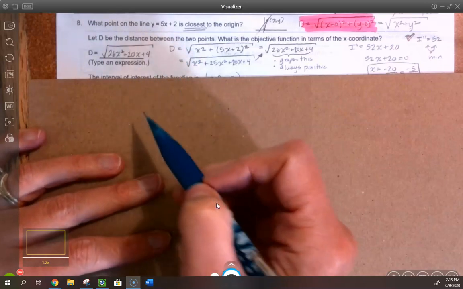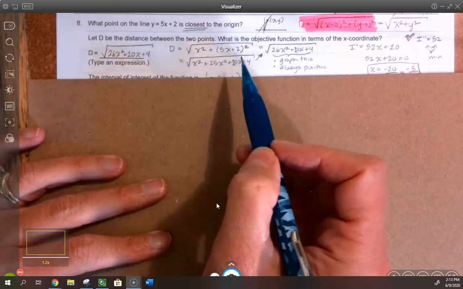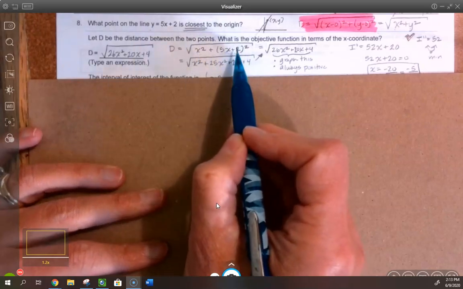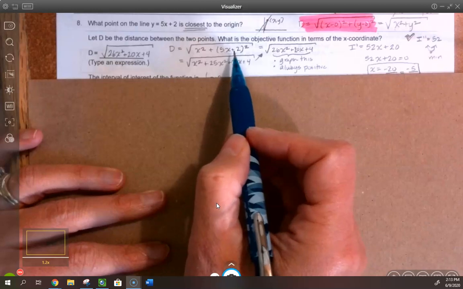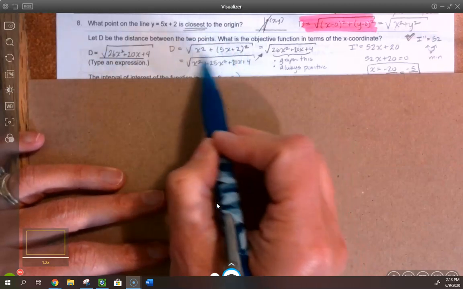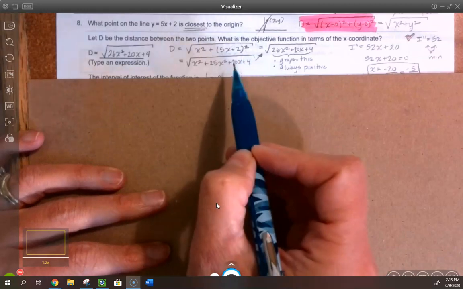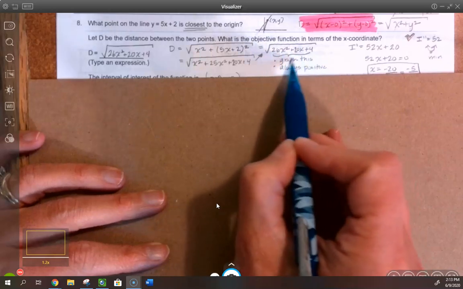Well, let's make our work a little bit shorter by recognizing that if I have the square root of a number, and we want to make it the smallest possible thing that it can be, we want the distance to be the smallest, then we want to make what's inside of here the smallest. So what we do is we basically ignore the square root and we just look at what's on the inside.